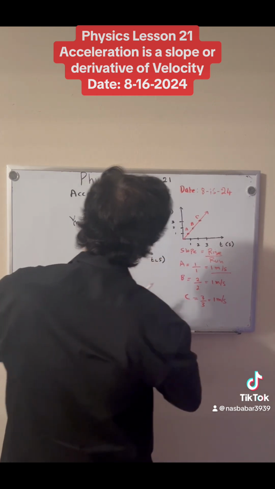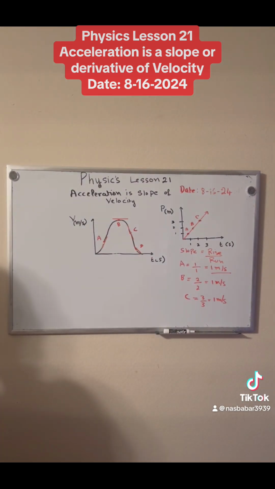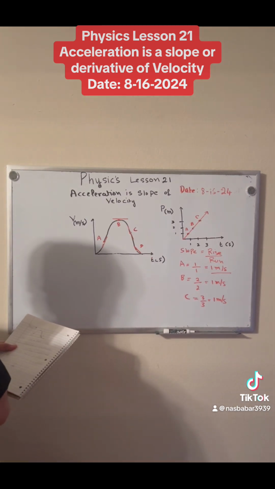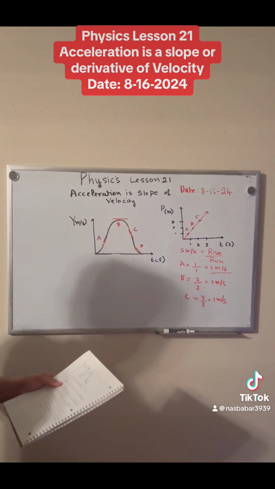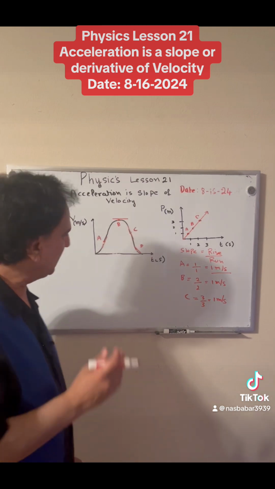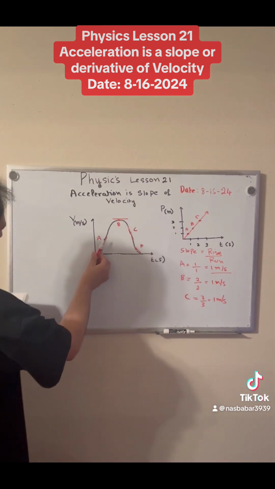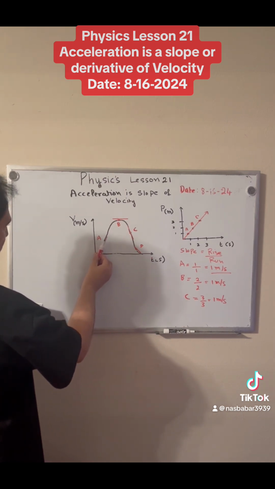Now let's analyze these. What the heck am I talking about? Okay, so at point A, what do you think my slope is? Is it going to be positive or negative? By just looking at this, my slope is positive.